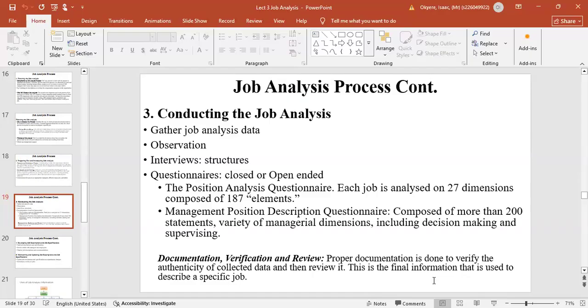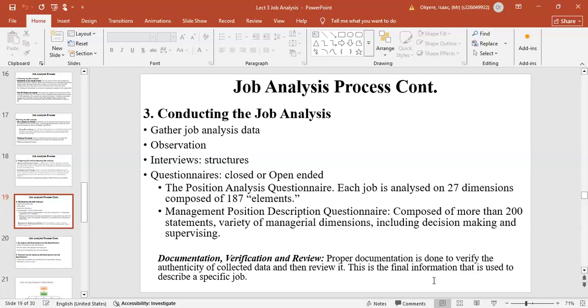And when you are gathering the data, you need to document it. You need to gather the data and also document that data. Remember, there is a difference between gathering data and documenting data.